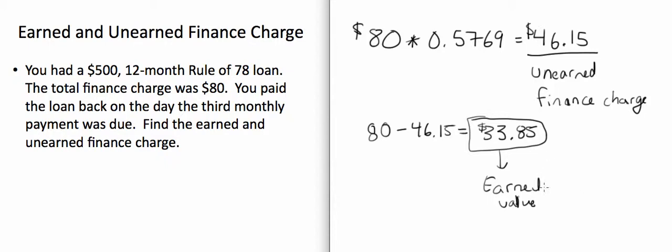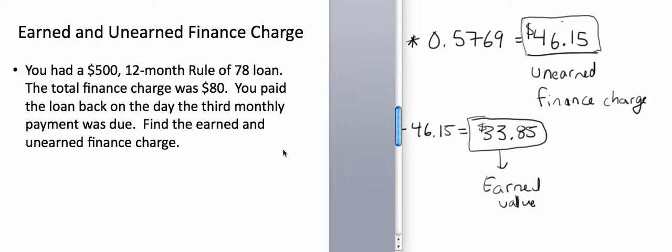So this is the amount of money essentially you got to keep. So instead of paying $80 for your finance charge, you now paid $33.85. Okay, so that's how the rule of 78 works. As I said, it goes down. It gets its number 12 plus 11 plus 10 all the way down to 1. You add all of those numbers up, it gives you 78. So they break it down into fractions there.